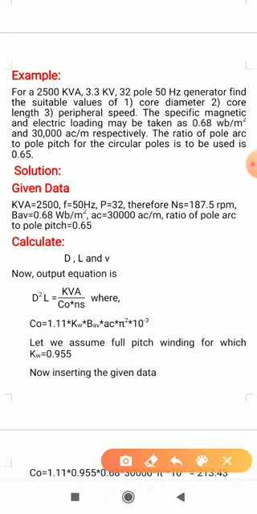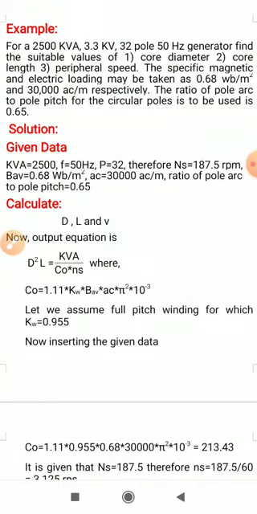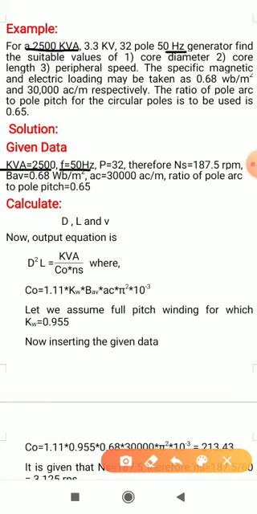Now, if you read this example, it is given that kVA is equal to 2500, frequency is 50 Hz, number of poles are 32.